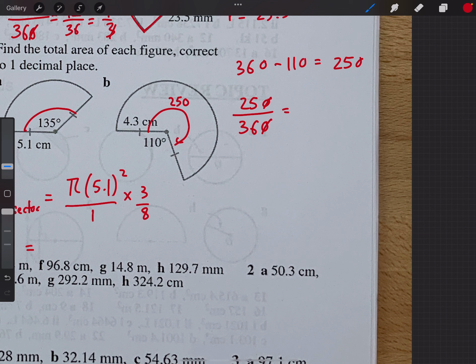Can we simplify this? No, we can't. So just leave it like this. So to find the area of this major sector, we do the area of the entire circle, which is pi times radius squared. Radius is 4.3 squared, and we multiply by 25 over 36, and then you get the answer.